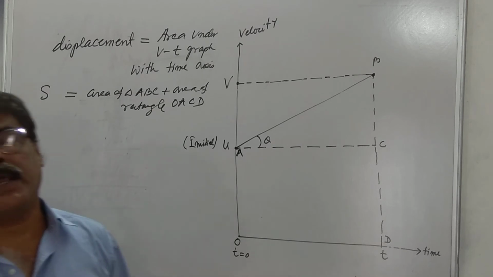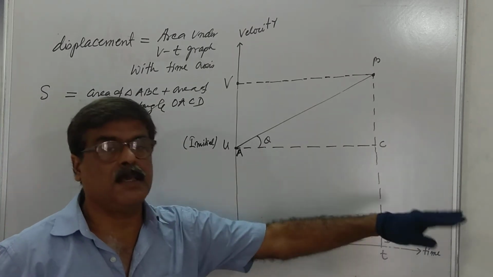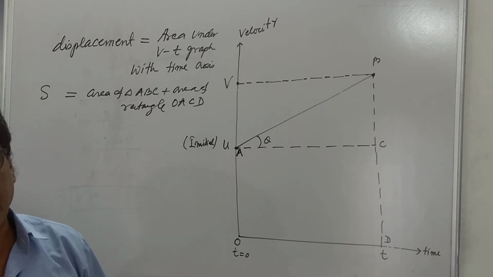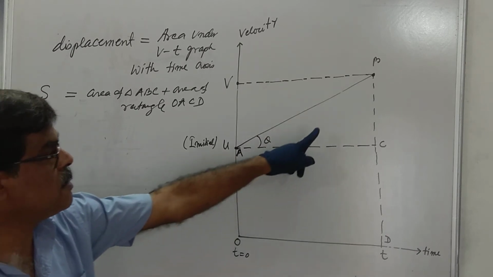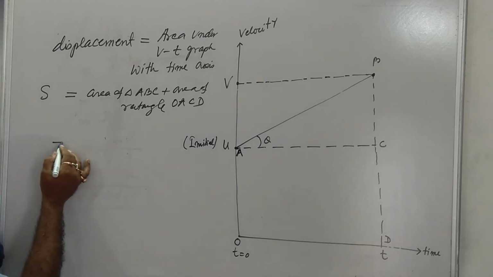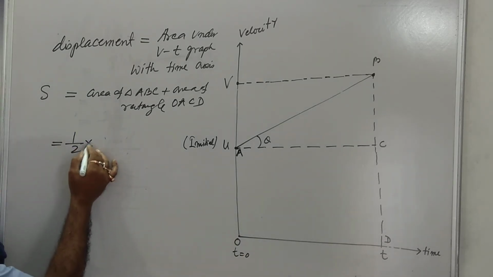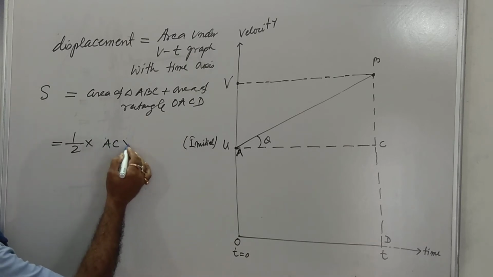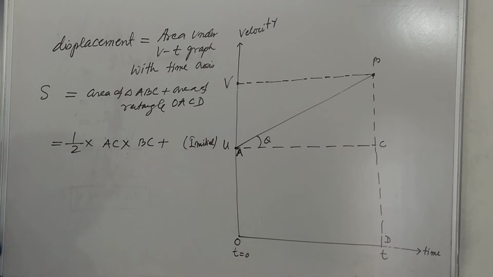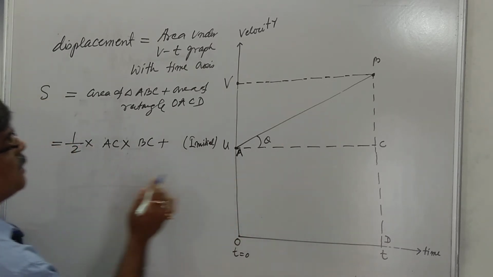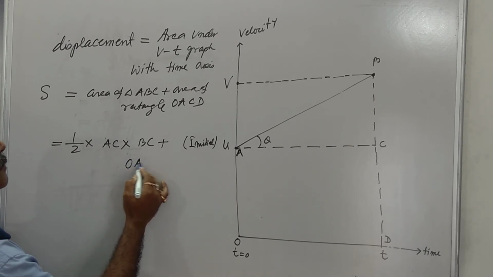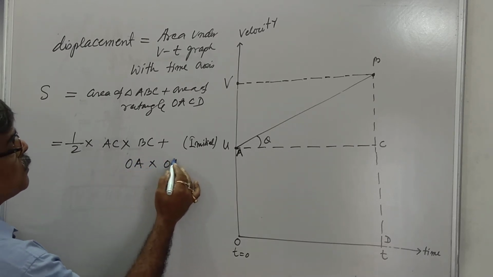The area under the velocity time graph with the time axis represents displacement at that instant of time. That is why this is the area of the triangle and this is the area of the rectangle. So what is the area of the triangle? Half base, base means AC, into height BC, plus the area of the rectangle, length into breadth, OA into OD.